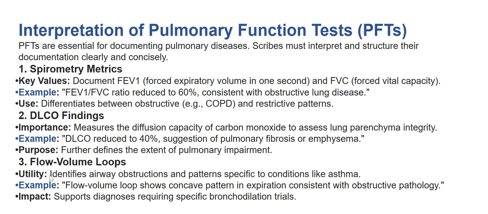Flow volume loops: utility here, identifies airway obstructions and patterns specific to conditions like asthma. Example: a flow volume loop shows concave pattern in expiration, consistent with obstructive pathology. Impact here supports diagnoses requiring specific bronchodilation trials.